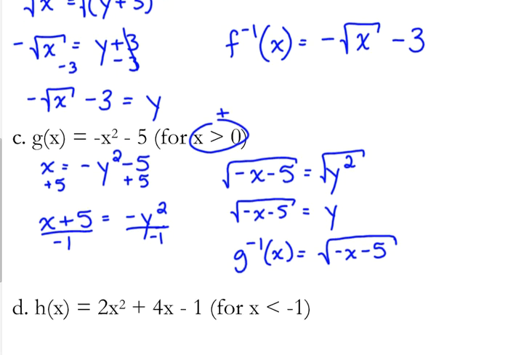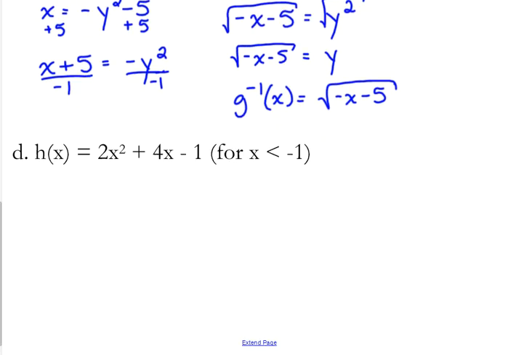Now, D I put on there to point out that we cannot do this one the way that we've been doing it. Once we switch x and y, the way that it's written, we can't get y by itself, because we've got a y squared and we have a y.